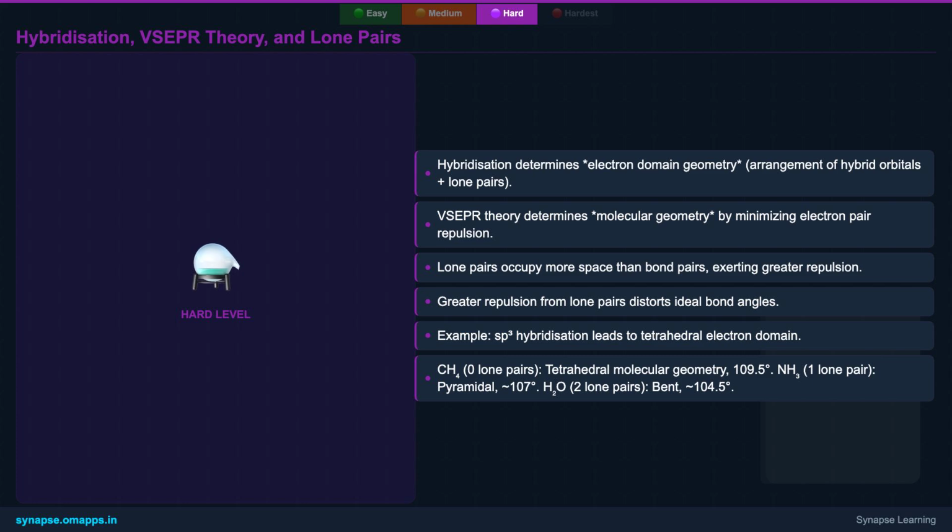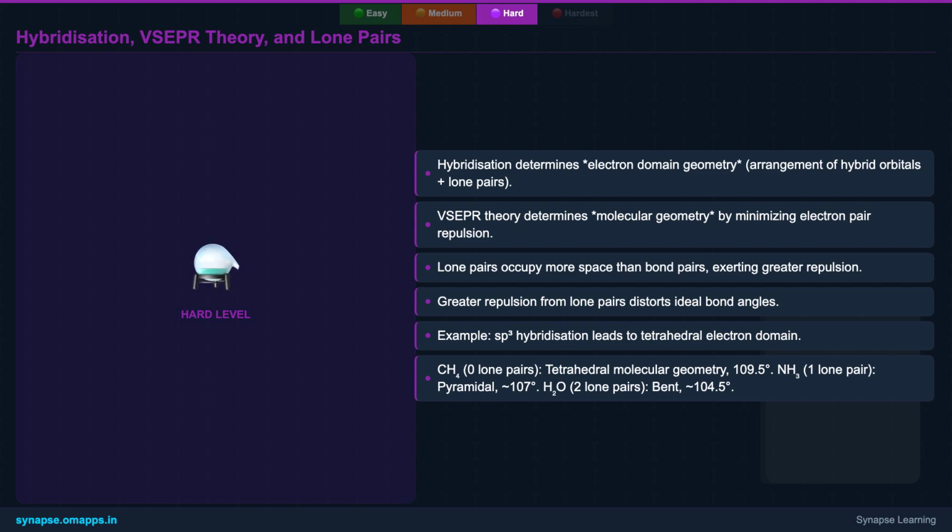For example, both methane, CH₄, and ammonia, NH₃, have sp³ hybridized central atoms, implying a tetrahedral electron domain. However, methane has 4 bond pairs, resulting in a perfect tetrahedral molecular geometry with 109.5 degree bond angles.